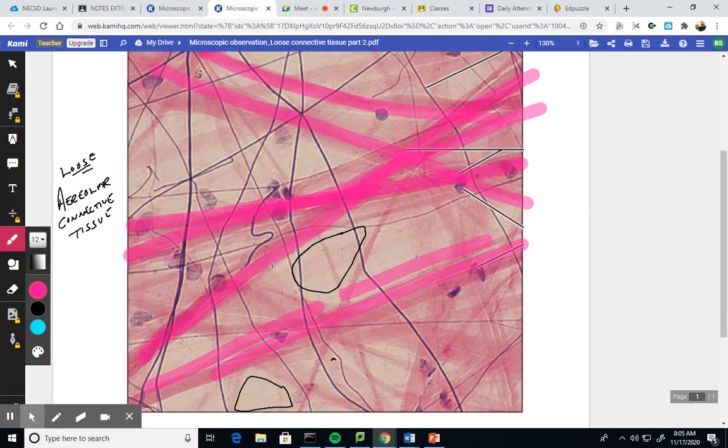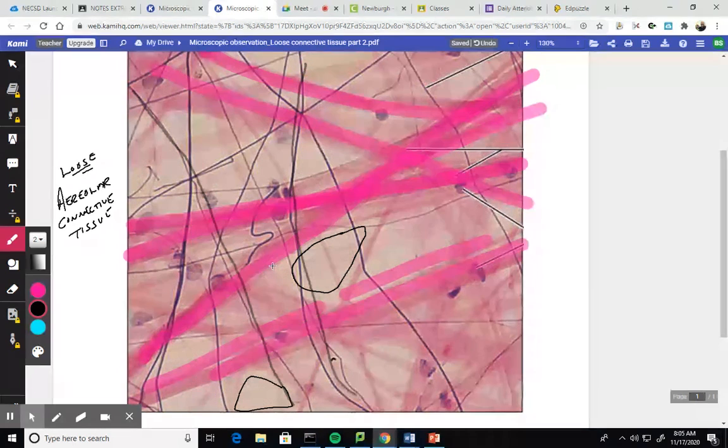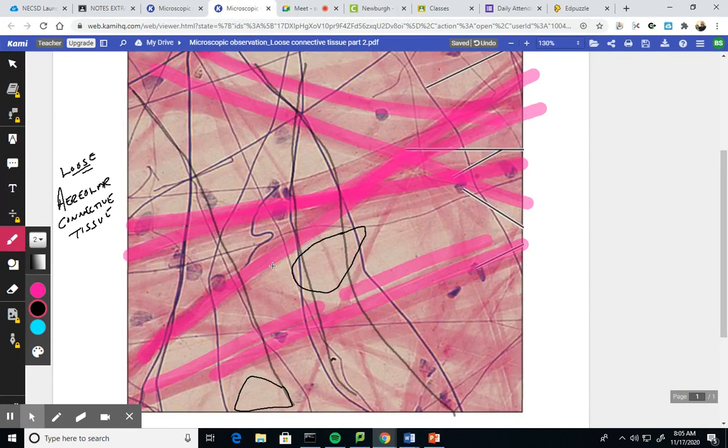I see them running through. But I also see the thinner elastic fibers running through, right? Elastic fibers aren't really there for strength as much as they permit the tissue to stretch a little bit. That's what elastic fibers are.